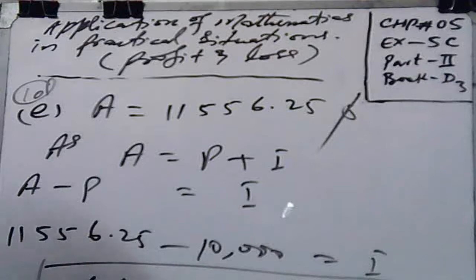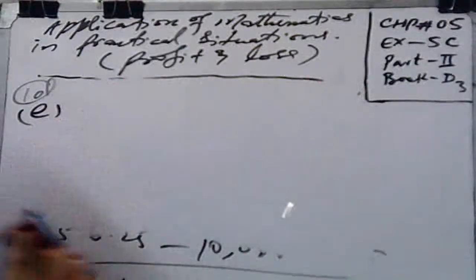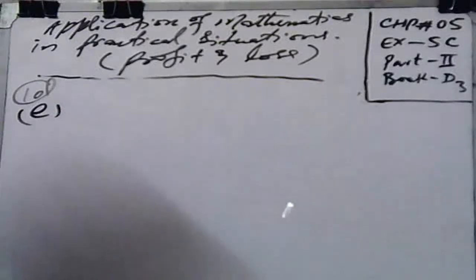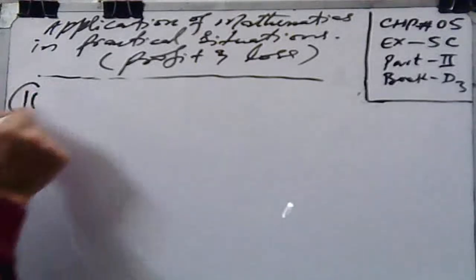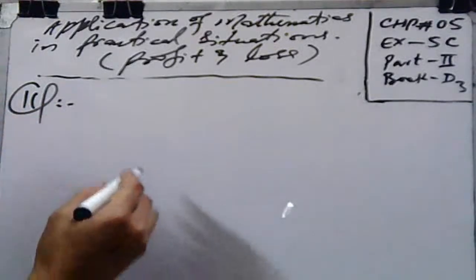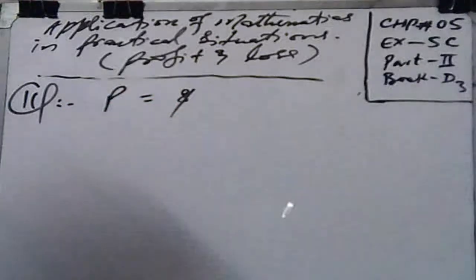When you read the word compound, you use the compound interest formula. Now for question number 11, the principal amount given to you is $5,000, the investment.